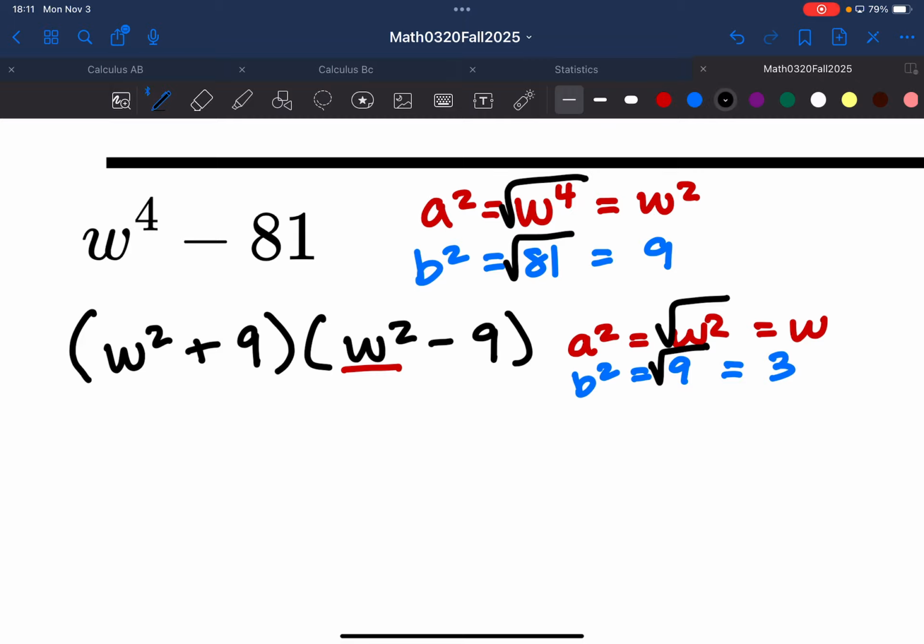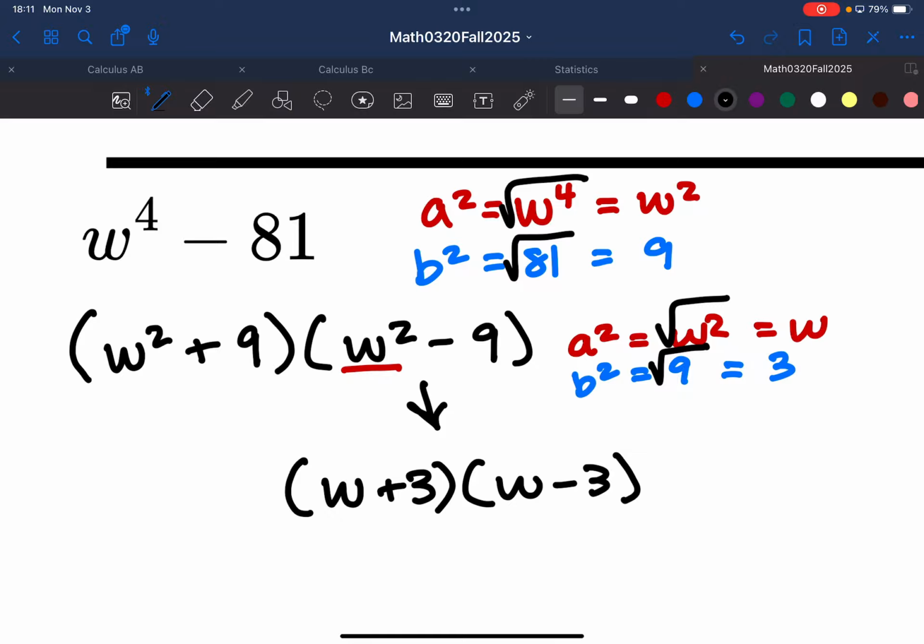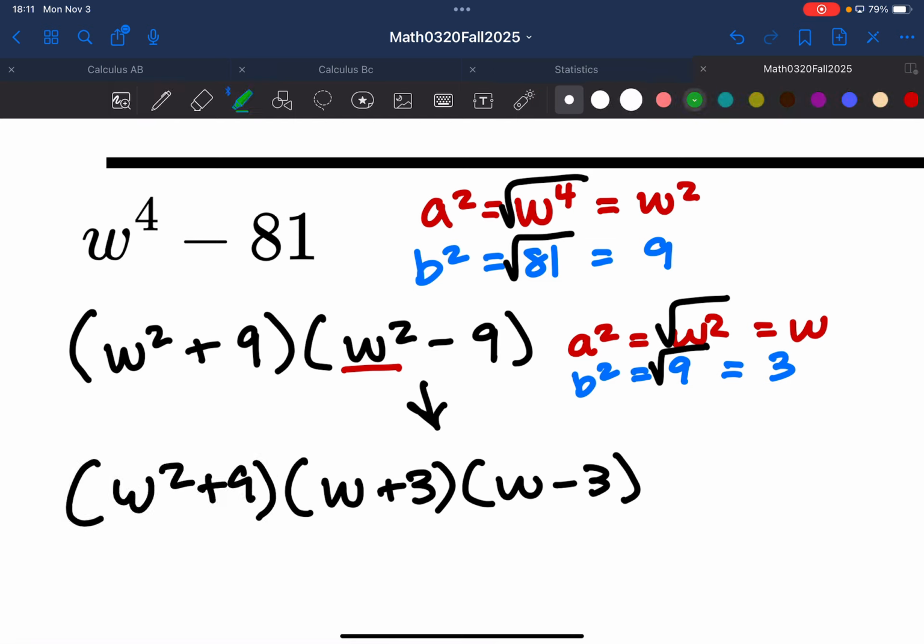So that means from this one, I'm able to break it down even further into the two parentheses that will say W plus 3 and W minus 3. What do you think we do with this one? Does it just disappear? We bring it down. So W squared plus 9, which means this entire thing is my answer.